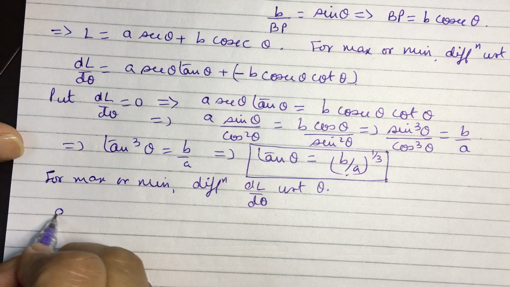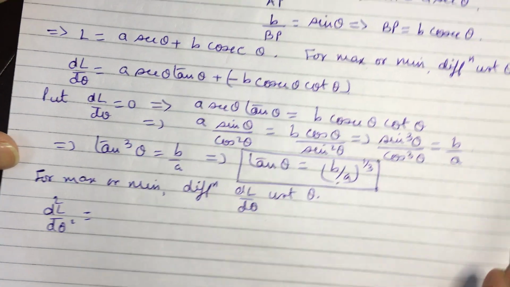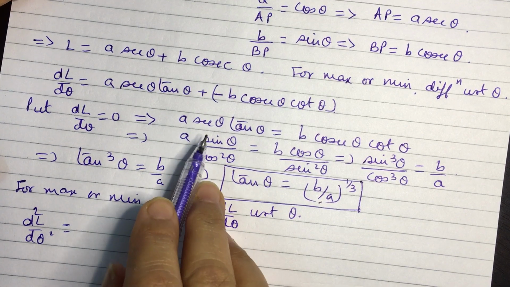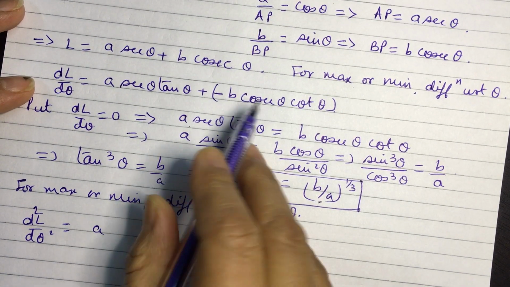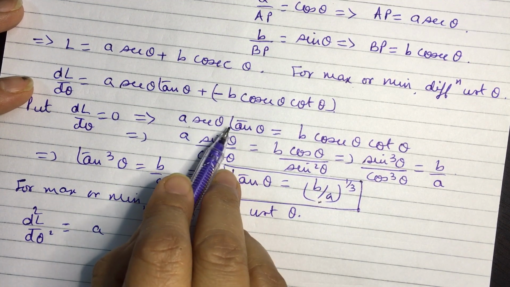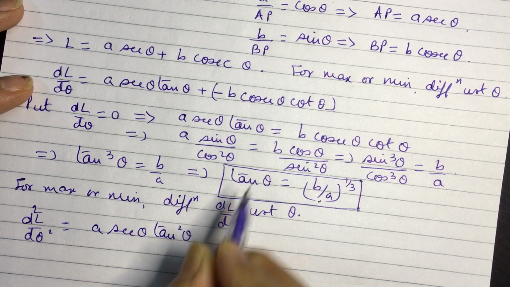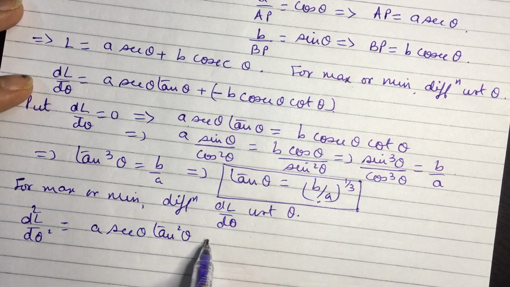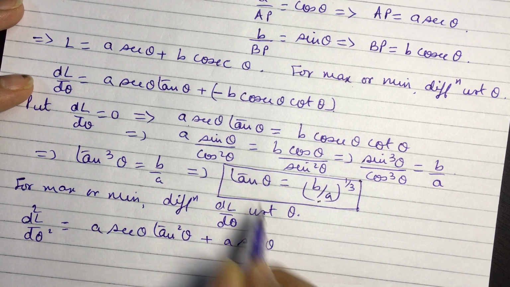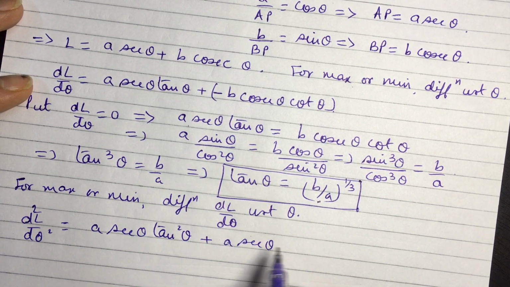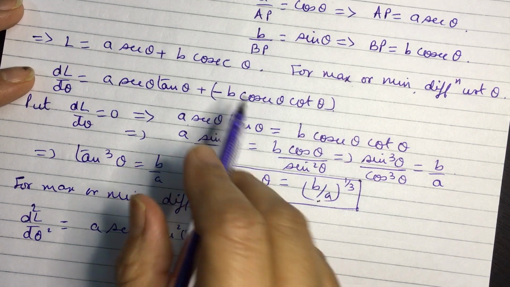So, what do we get? d2L by d theta square is equal to, now here we have to apply the product rule. So, A, derivative of sec theta is sec theta tan theta. So, I get sec theta tan square theta because one tan theta is already there, plus A sec theta is already there and derivative of tan theta is sec square theta. So, it becomes sec cube theta.